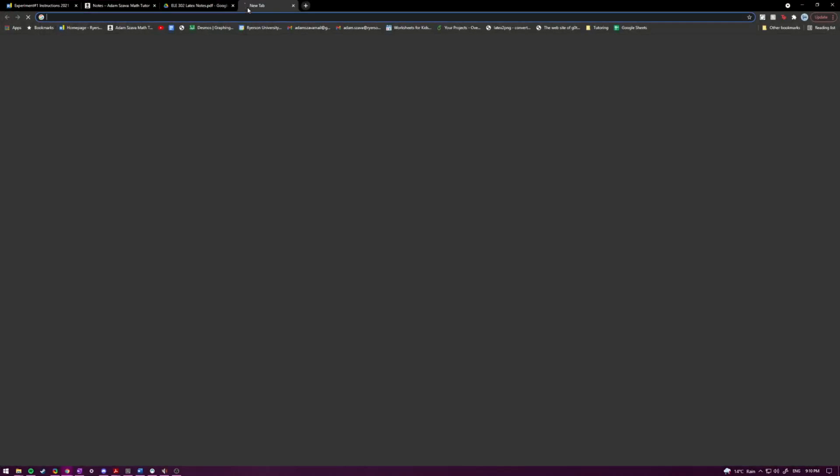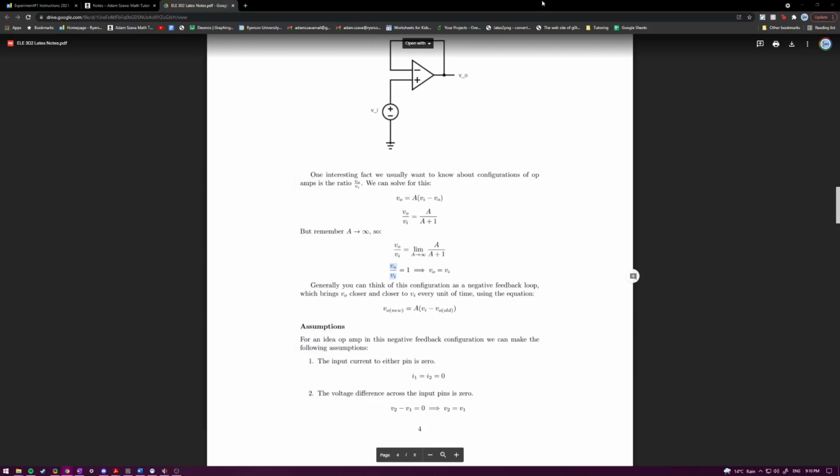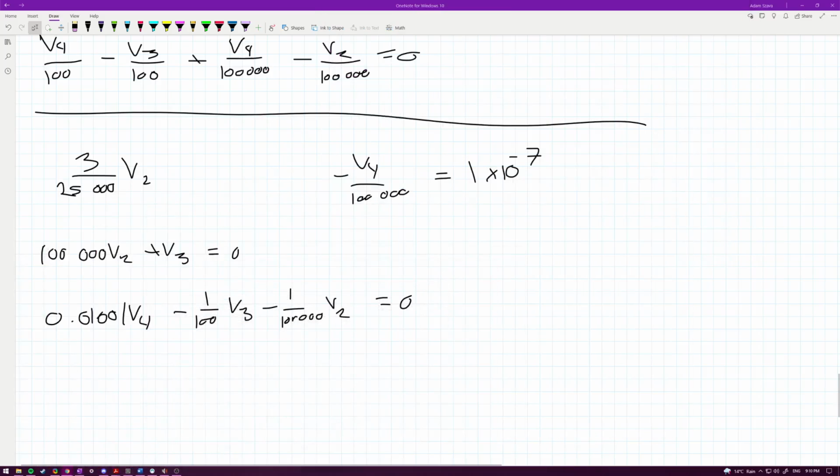RREF calculator time, I guess. It will be a 3 by 4 matrix. And the coefficients are V2 first, so 3 over 25,000. Nothing for V3, so 0, negative 1 over 100,000. And then 0.1234561.